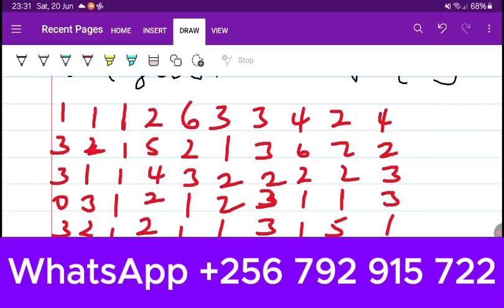We repeat the same methods. We make a table, we tally, we do the tallying, then we put a column for tallies, then we put a column for frequency.